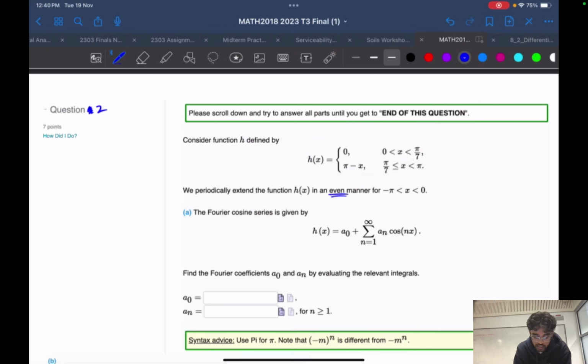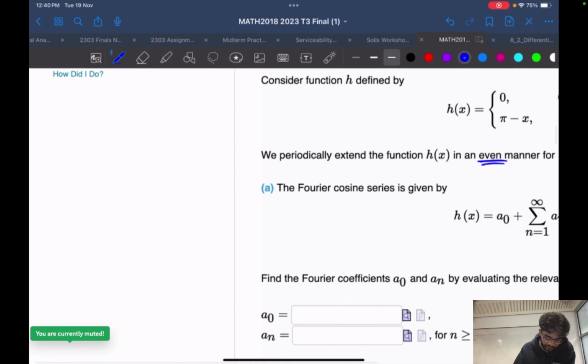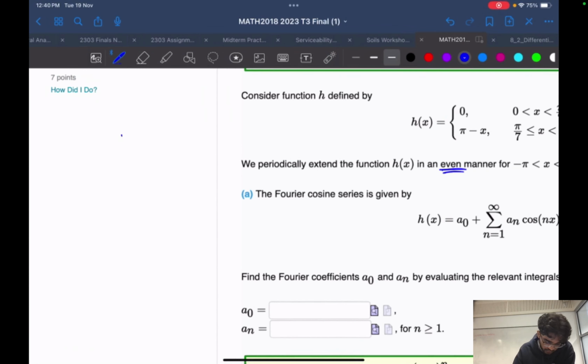Just a note, the integrals are kind of long to solve, but they're not difficult. They're just long, okay? So what I'm going to do, I'm going to first draw the function h of x, and I'm going to periodically extend the function. Okay, so let me draw up the function.